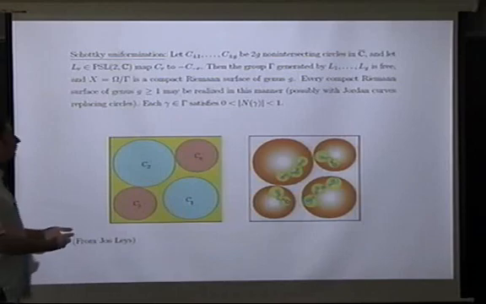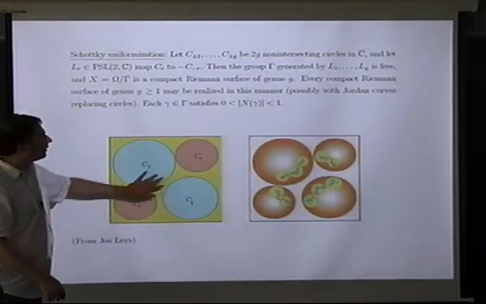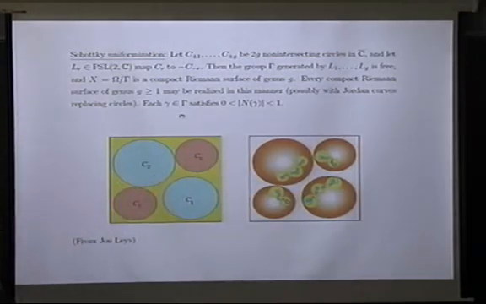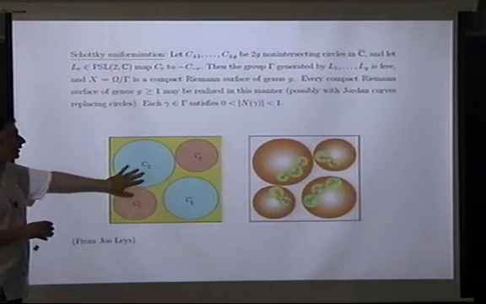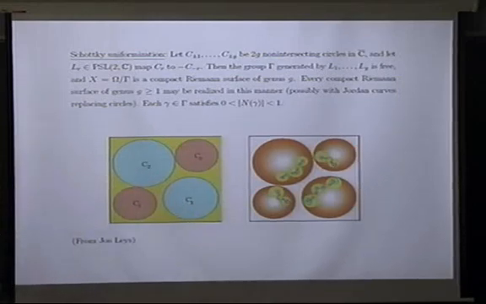If you do that, you get a quotient of the Teichmüller space, which is called the Schottky space. So the space of Schottky groups of a fixed genus g is a quotient of the Teichmüller space of Riemann surfaces of genus g.